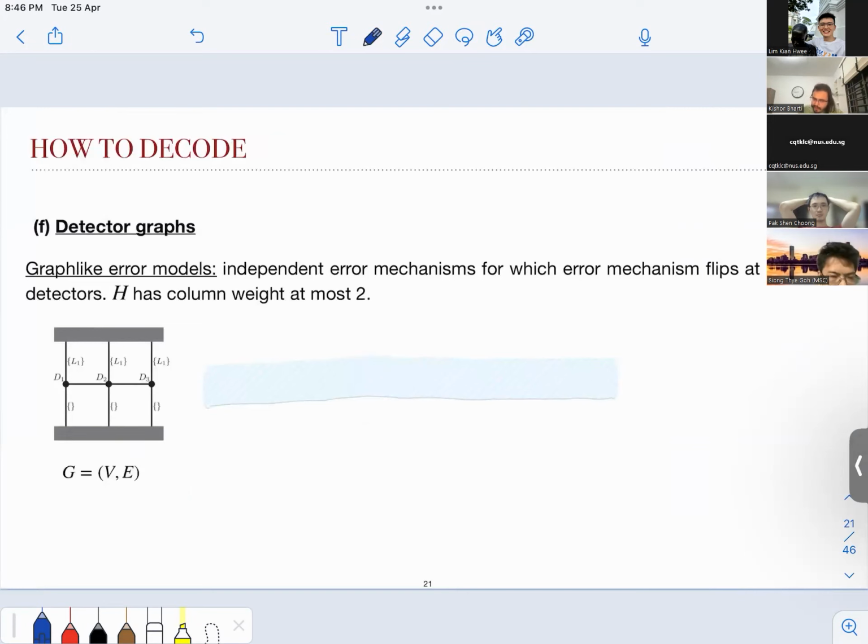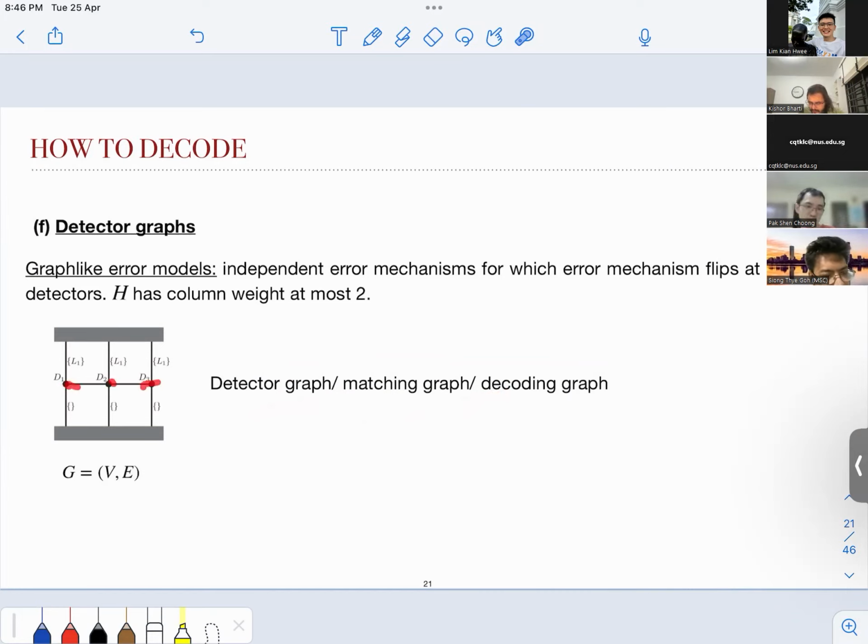After this, there is the notion of detector graph, which people sometimes also call matching graph or decoding graph. Here, all the vertices are detectors, and two nodes are connected by an edge if they are flipped by some error mechanism.